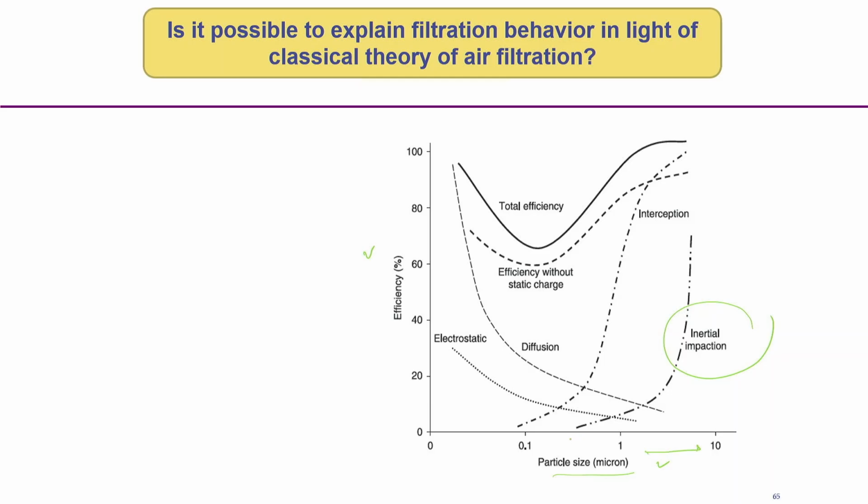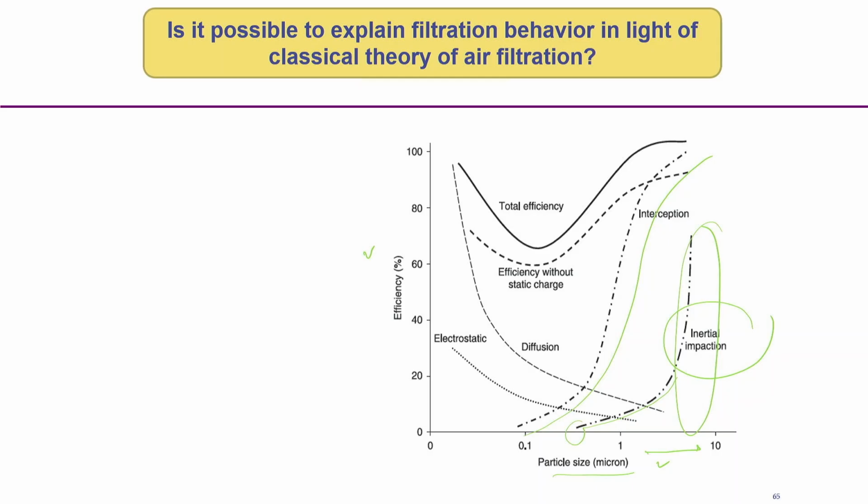So, for filtration efficiency at lower particle size, inertial impaction is less, effectively it does not filter, but as we go on increasing the particle size, inertial impaction is increasing. Interception also increases with the increase in particle dimension.